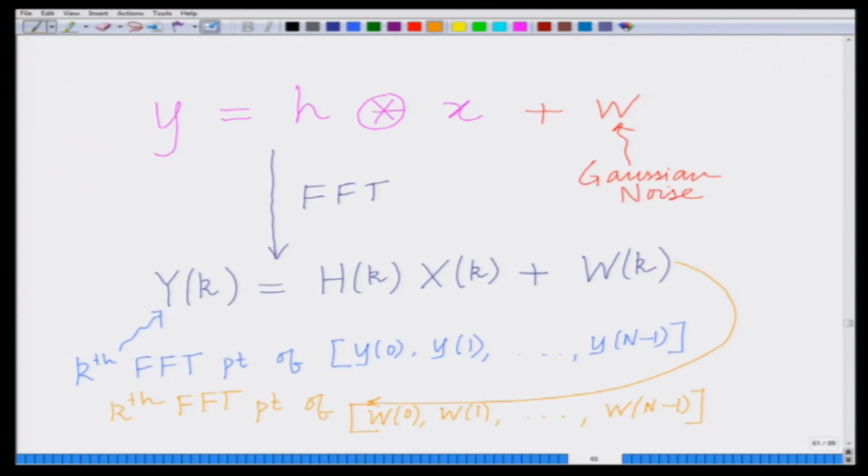After taking the FFT at the receiver, we have capital Yk, the kth FFT point of the received samples small y0, small y1, up to small yn minus 1, equals capital Hk, where Hk is the kth channel coefficient, that is the FFT of the zero padded channel coefficients h0, h1, up to hL minus 1 followed by n minus L zeros, times capital Xk, the symbol transmitted on the kth subcarrier, plus capital Wk, the kth FFT point of the noise samples small w0, small w1, up to small wn minus 1.